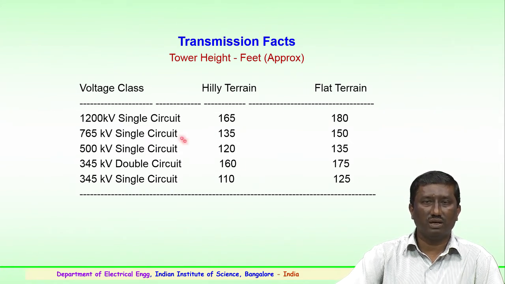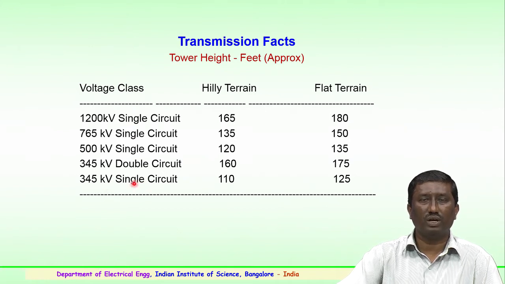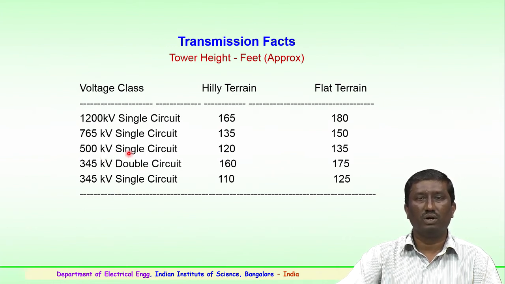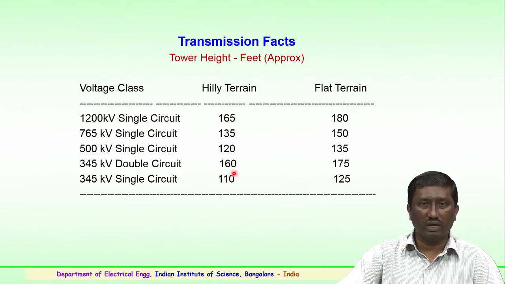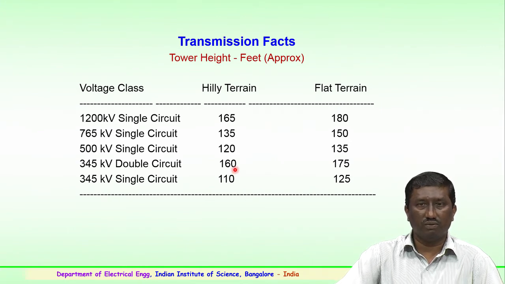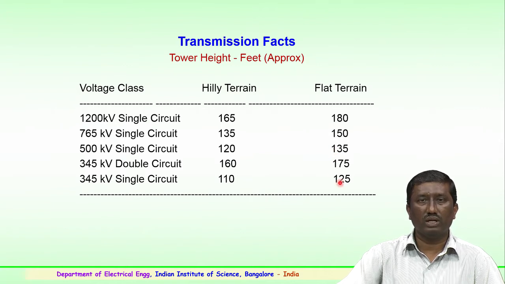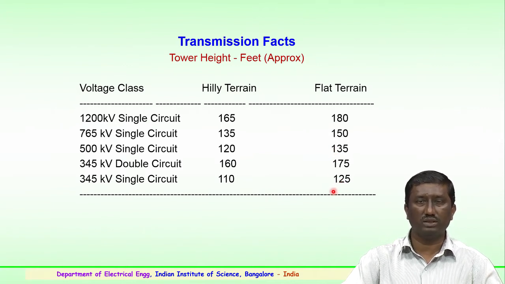You can see the various voltage classes, say 345 or 400 kilovolts single circuit, double circuit, 500 kV single circuit, 765 or 800 kV single circuit and 1200 kV single circuit. Two options are given here: one for hilly terrain, where the land is not planar and the terrain is uneven, and one for flat terrain. So, what are the minimum ground clearances to be adopted?